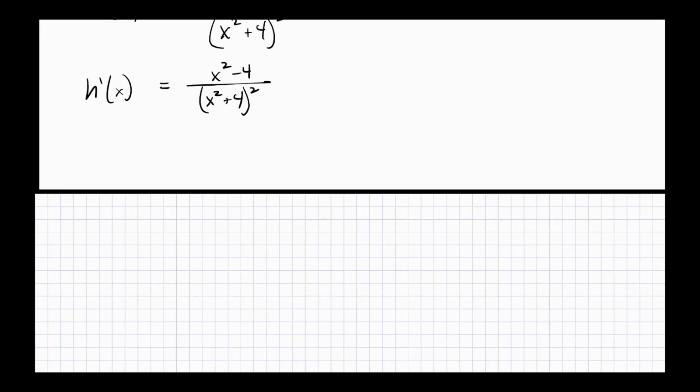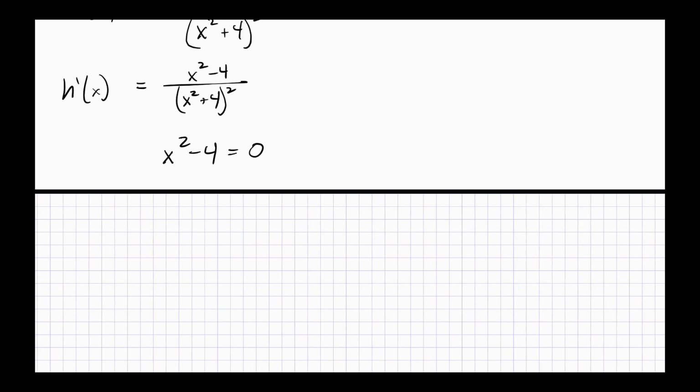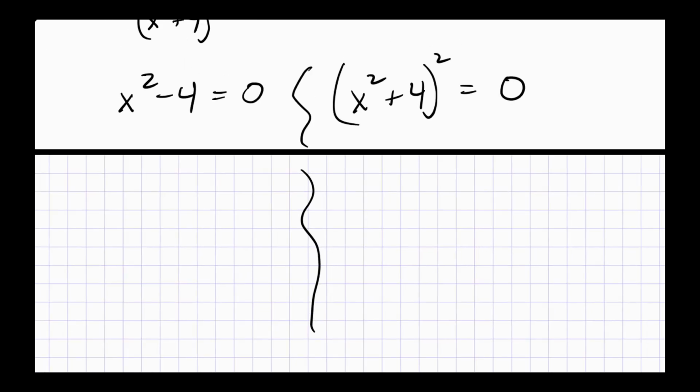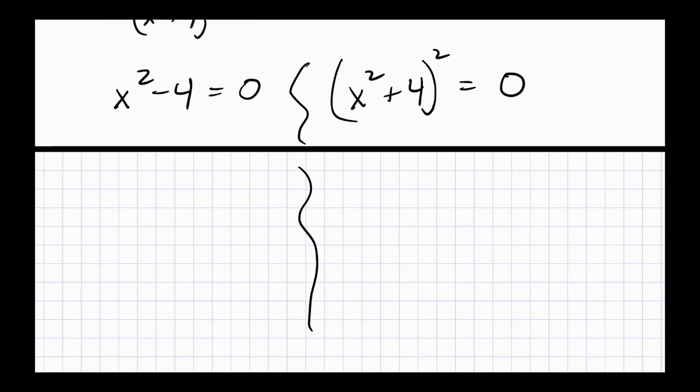So I'm going to set the top equal to 0, and then set the bottom equal to 0. The one on the left, hopefully that rings a bell.